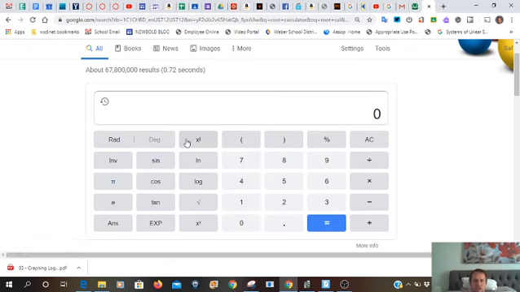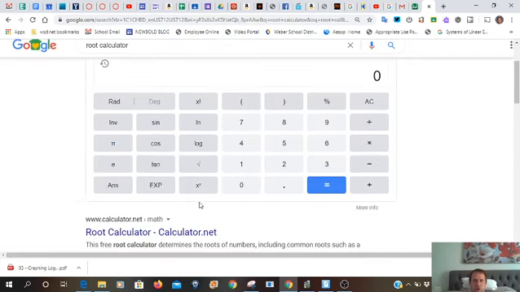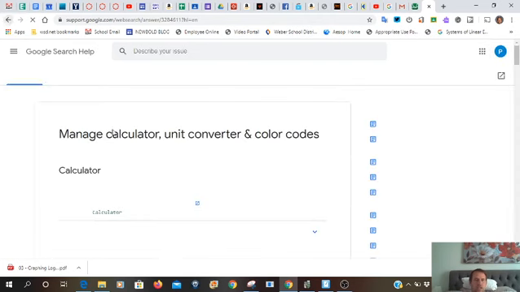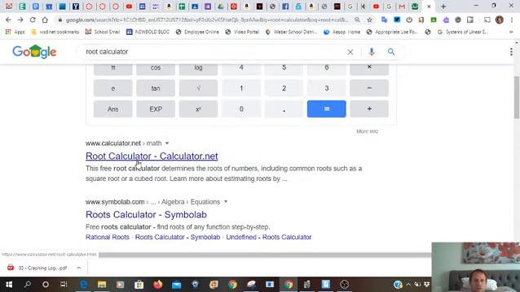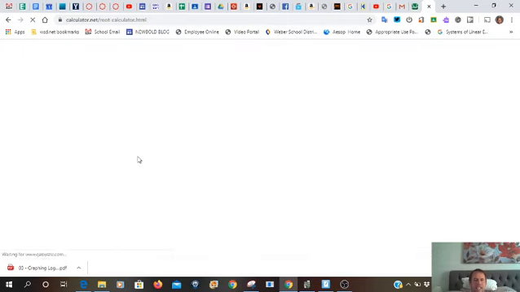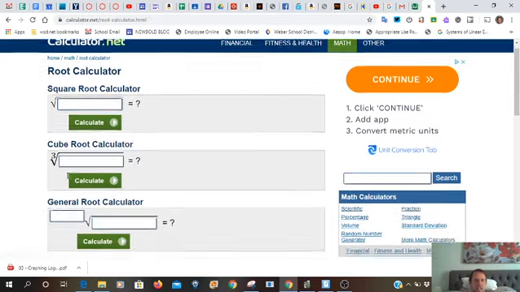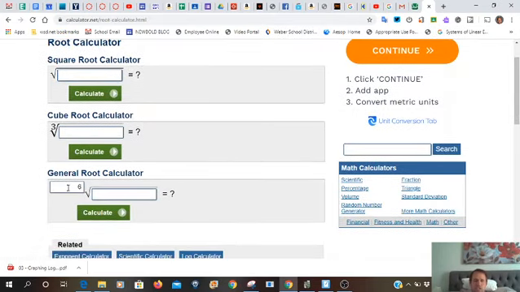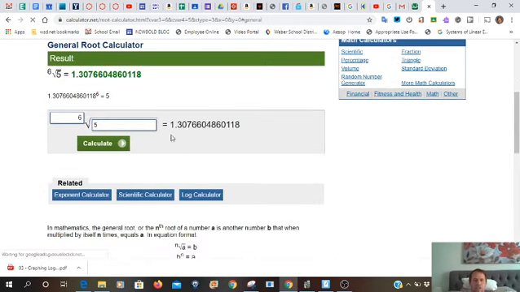So here's the regular square root symbol. Here's our root calculator on calculator.net. We're going to do the 6th root of 5 to get that answer. And there's our 1.307. So just Google root calculator and that'll help you get those roots that you need.